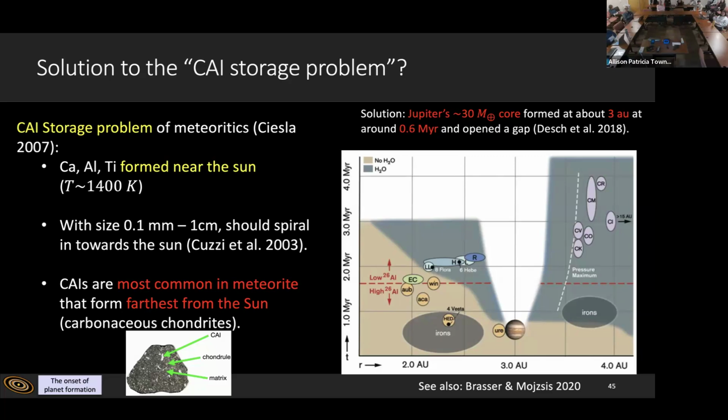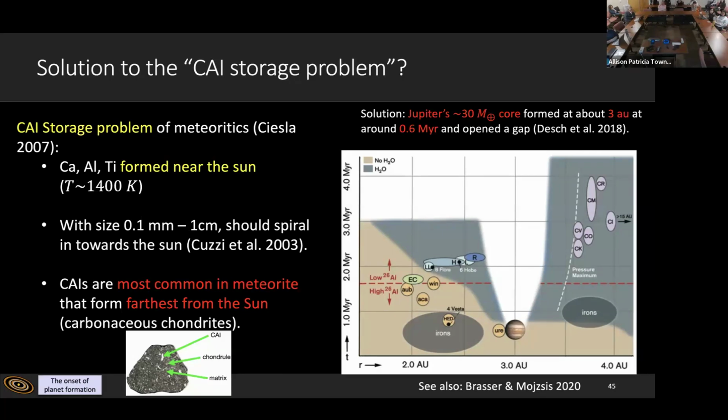The idea is this: calcium-aluminum-rich inclusions (CAIs) need to form at high temperature, around 1,400 Kelvin, near the sun, and have sizes around 0.1 to 1 centimeter. So all of them should spiral in towards the sun within a short period of time. But we still find them in meteorites, and not only that, we find them in carbonaceous chondrites, which are located far away from the sun.